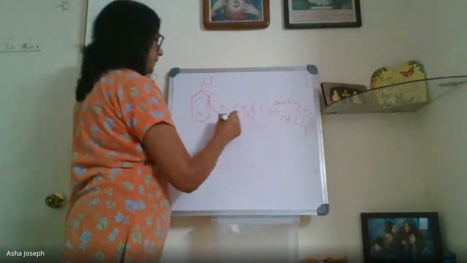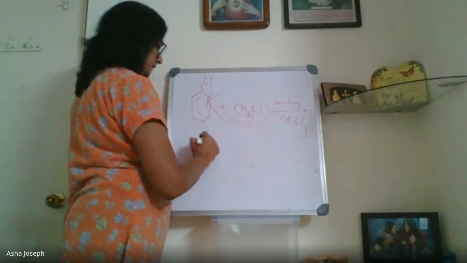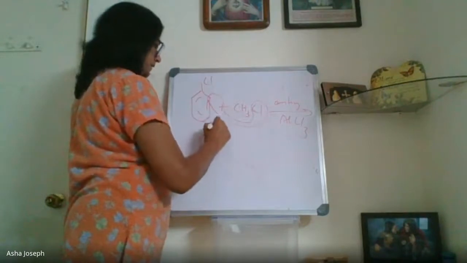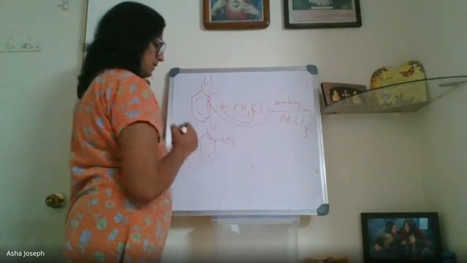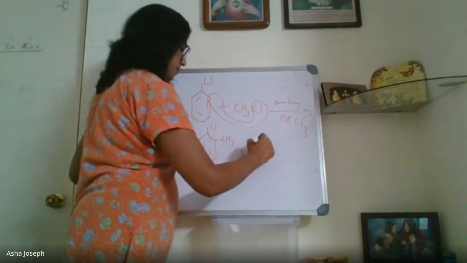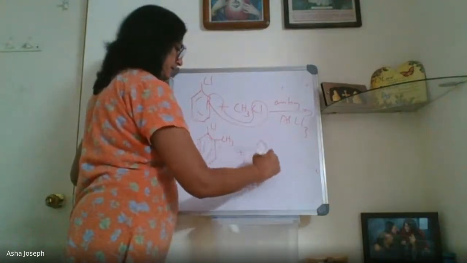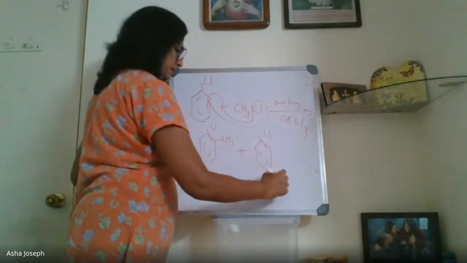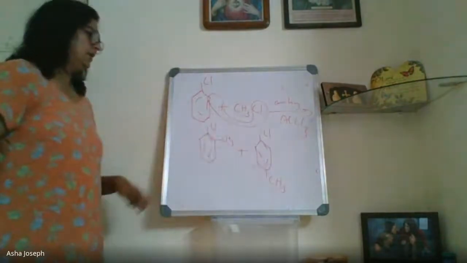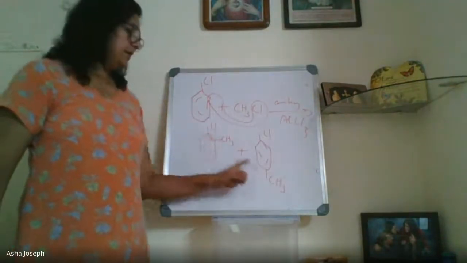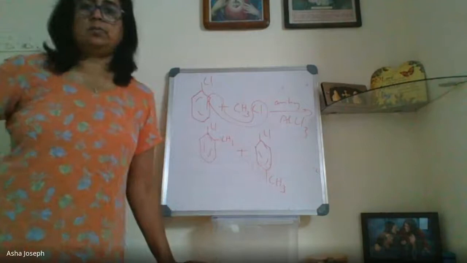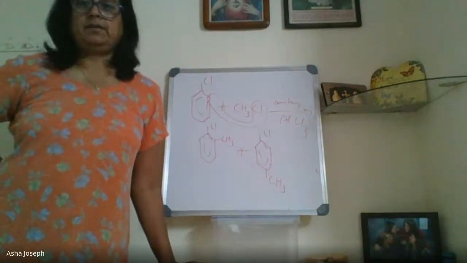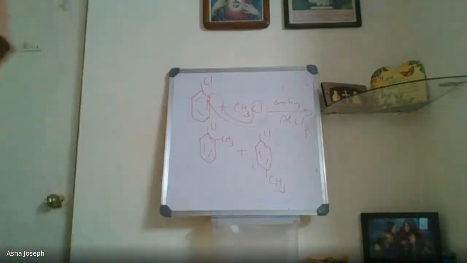HCl will be eliminated and you will get products. So this is 2-methyl chlorobenzene. This is 4-methyl chlorobenzene. Okay. So that is about alkylation.